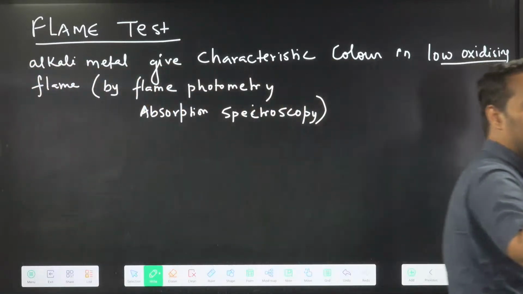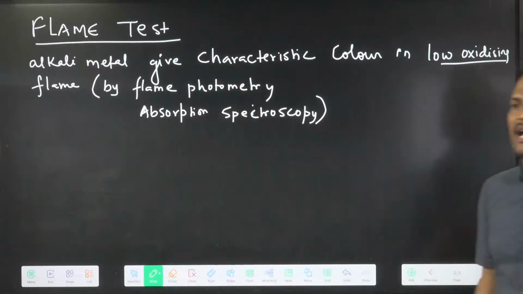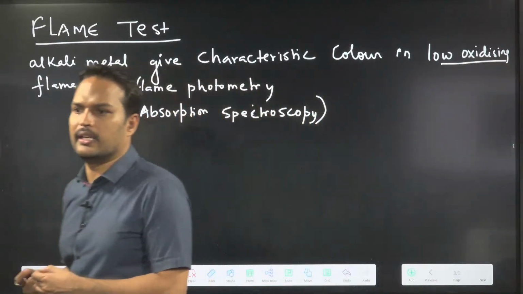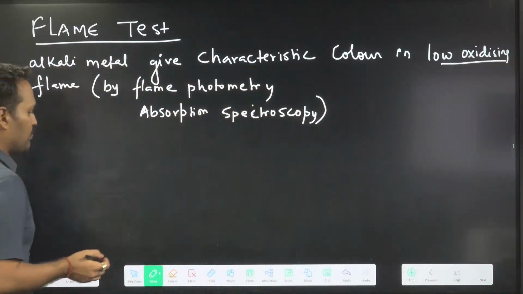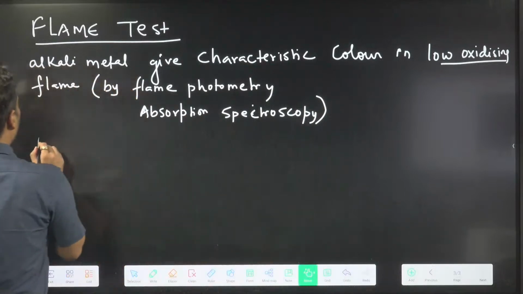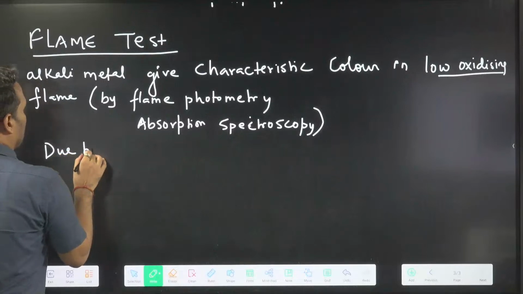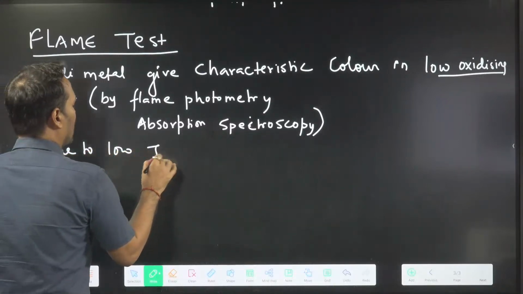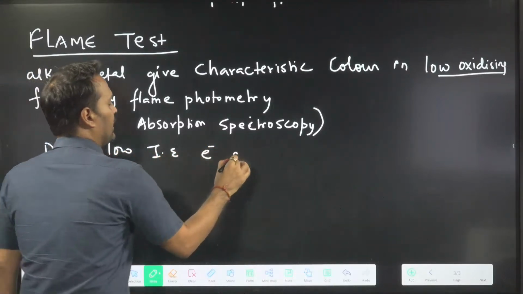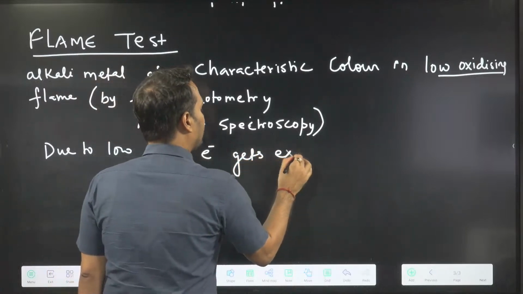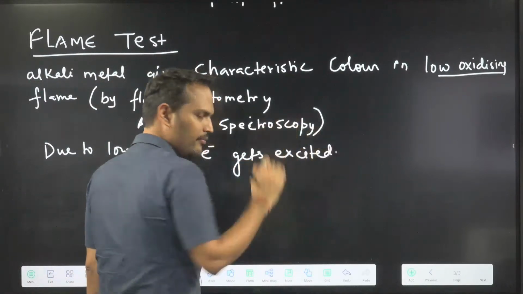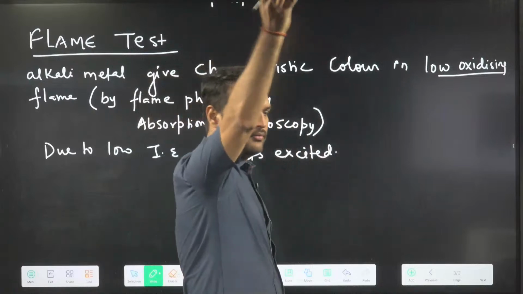So why are you getting color? Due to low ionization energy, the electron gets excited to a higher level.